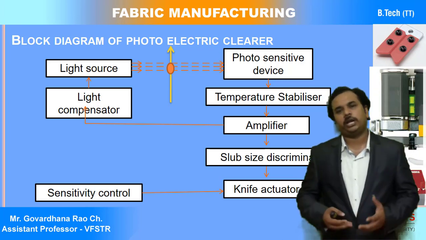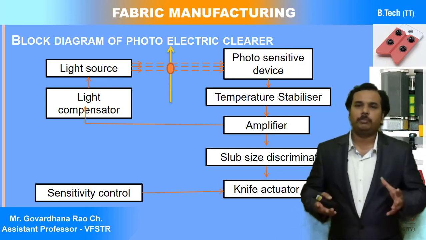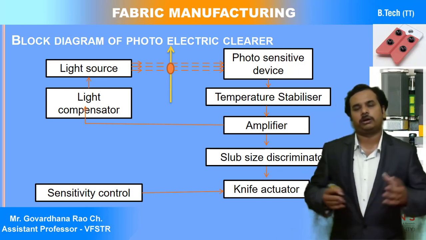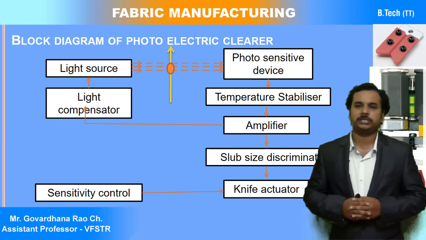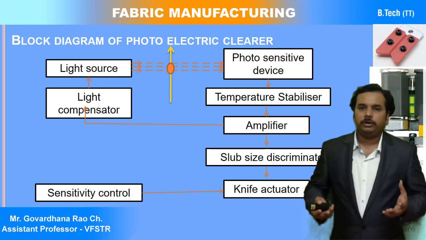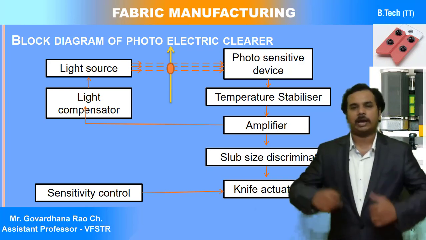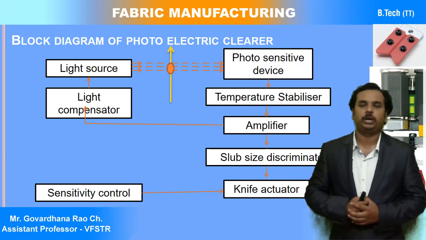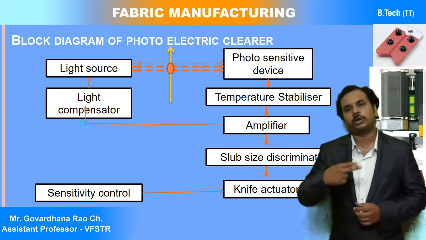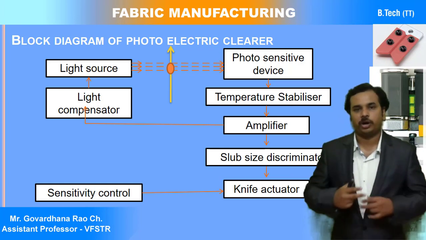If it is out of the range, the yarn diameter is too thick or too thin, or there is a slub or nep, or whatever diameter or thickness variation or mass per unit area variation is present, then the slab size discriminator will activate the knife activator. So the knife cuts the yarn at the fault.